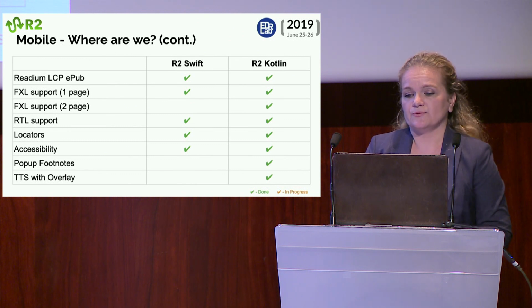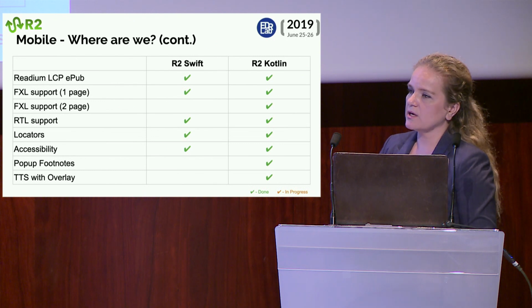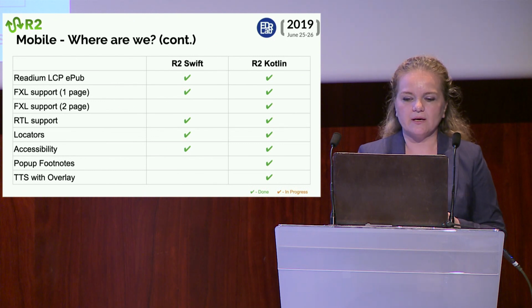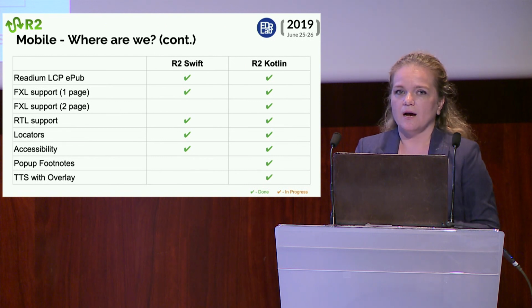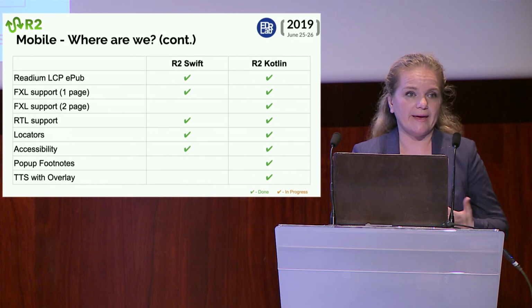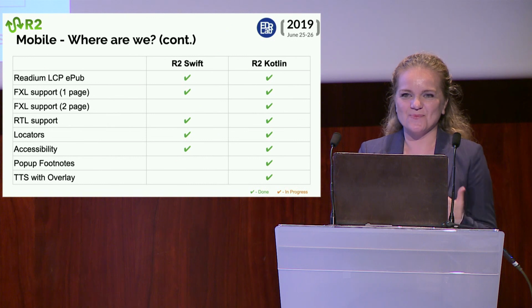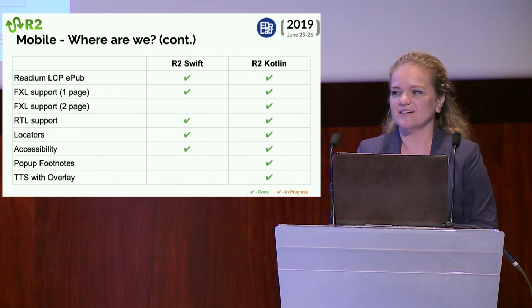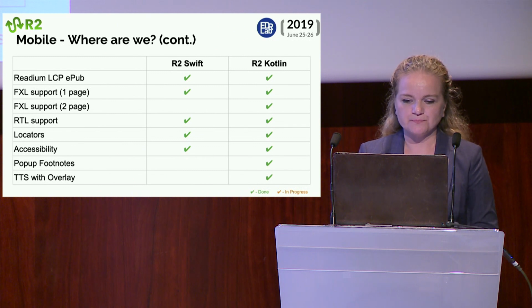Right to left support. But I also want to mention here vertical written publication. It's implemented in both and tested. Obviously, there needs to be a little bit more testing because I can't read vertical, but from what we have tested, it worked perfectly fine.